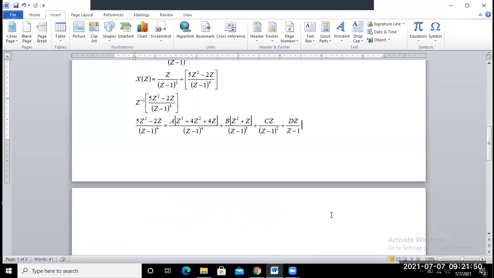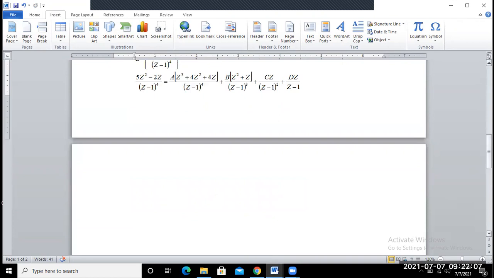Okay, so now you may simplify this equation and take the inverse of this z transform. First of all, find the coefficients a, b, c, d.